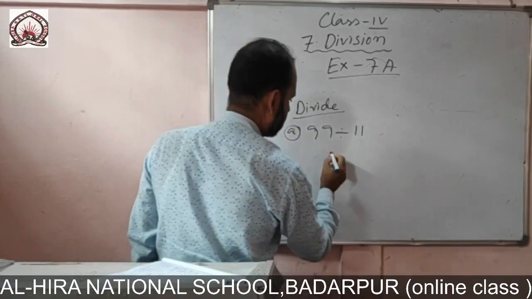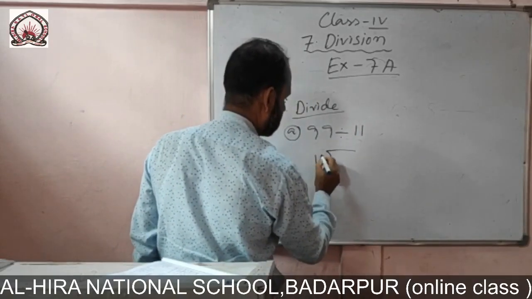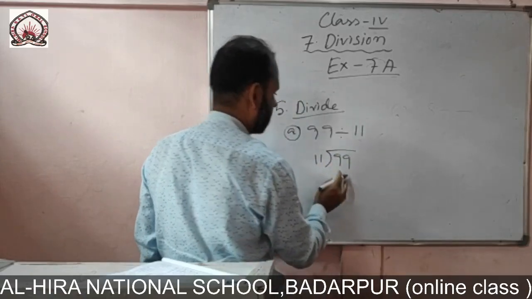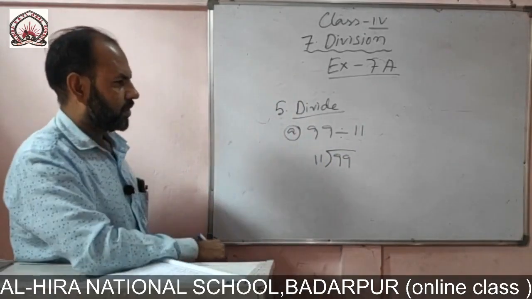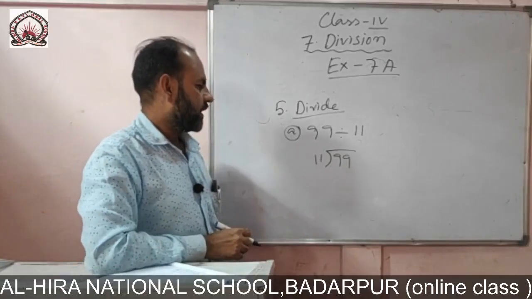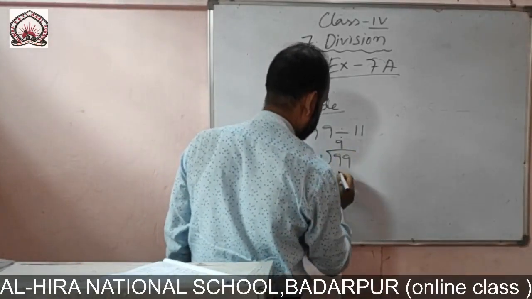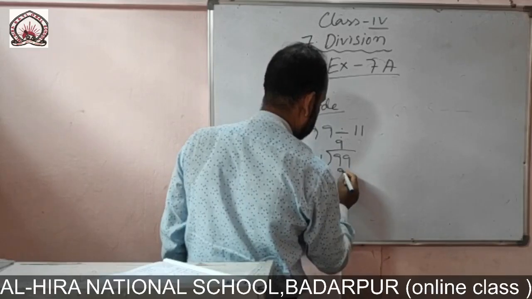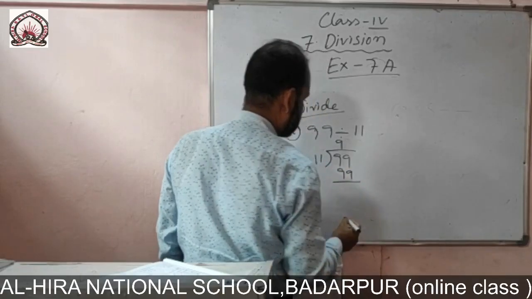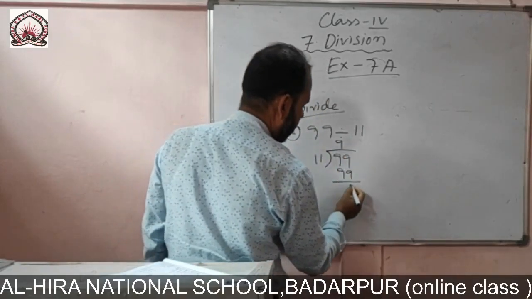So we divide 99. So we know table number 11. 11 9s are 99. So here remainder is 0.